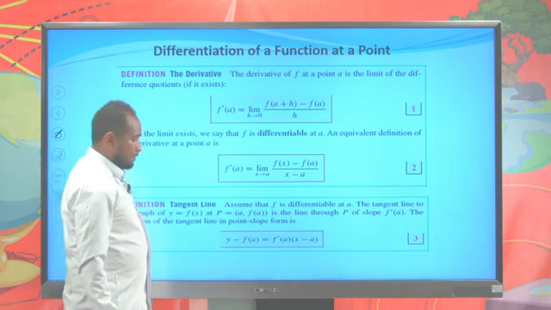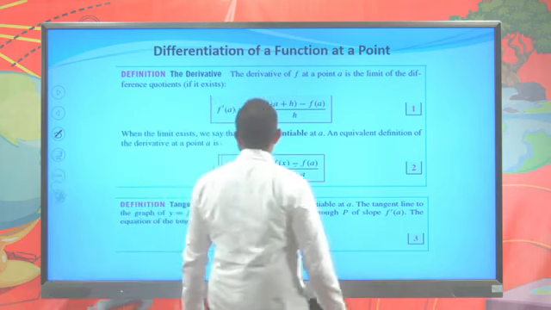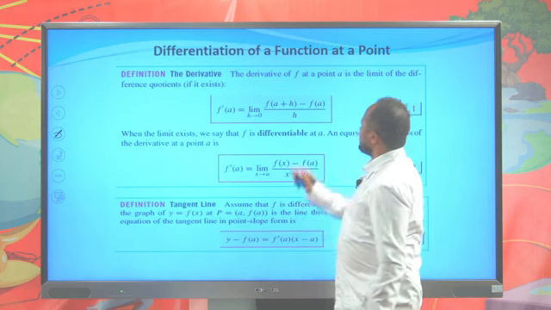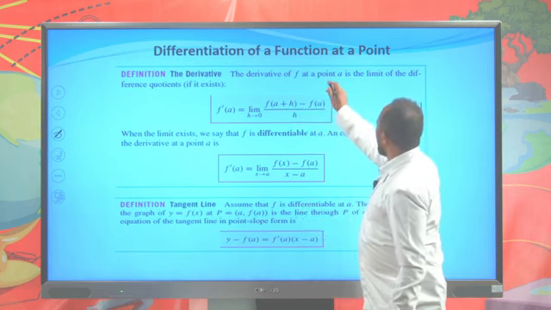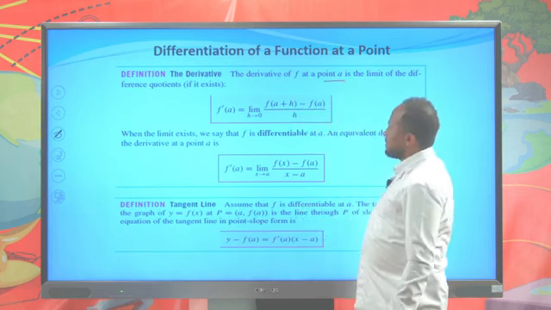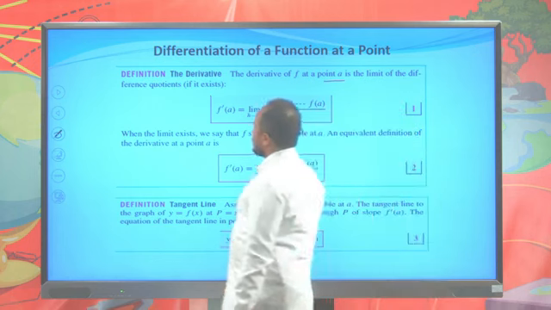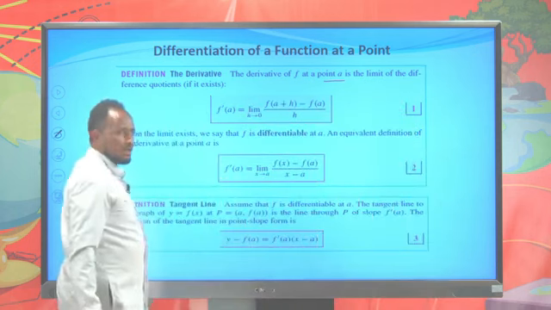Let's see this definition. The derivative of a function. The derivative of f at a point A is the limit of the difference quotient, if it exists.